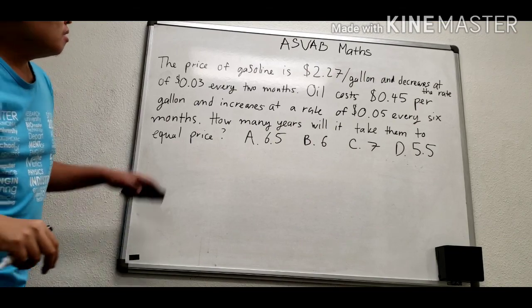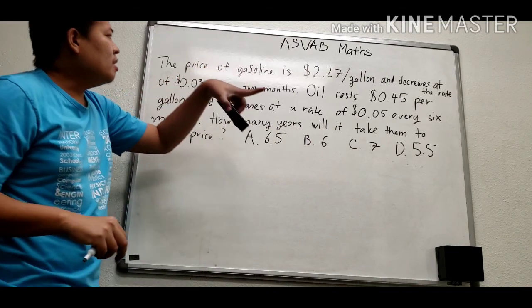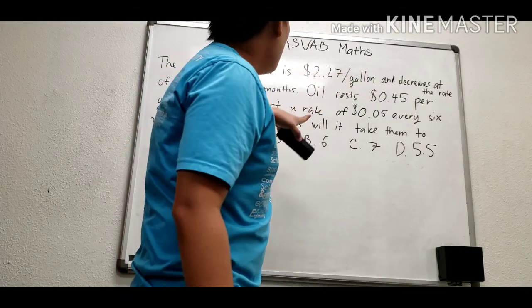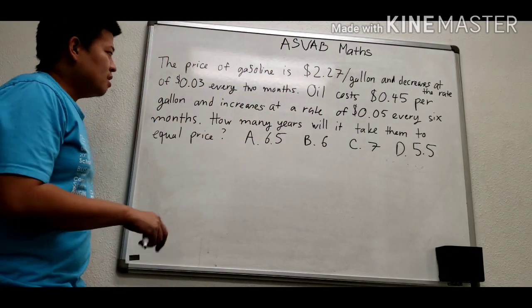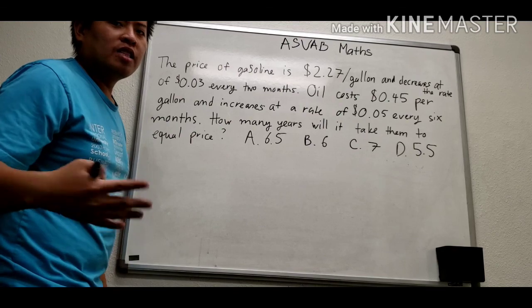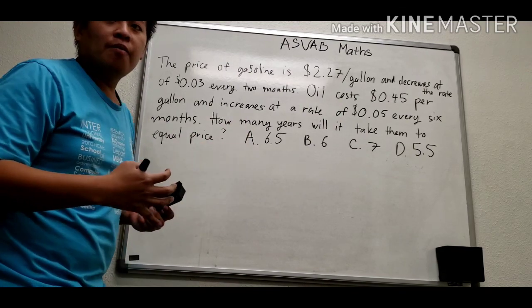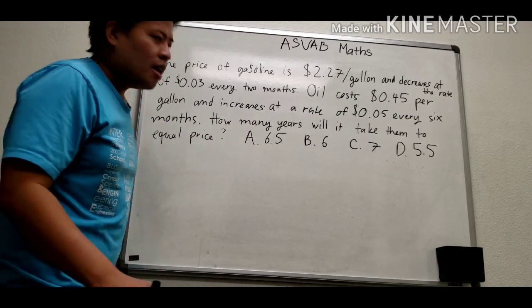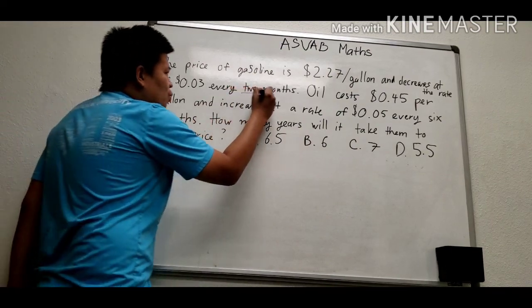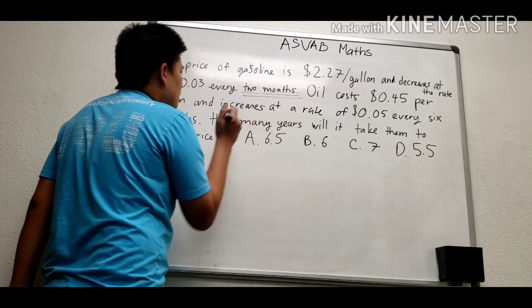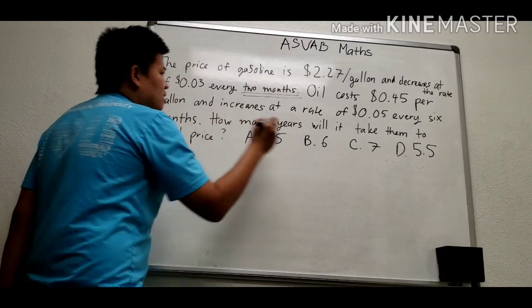This means that we have the gasoline, but its price decreases, and the oil cost increases in price. So after a certain time we get the same value. And in here we will put it like that. We have 2 months and we have 6 months.